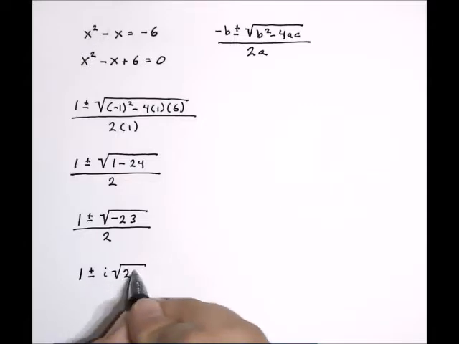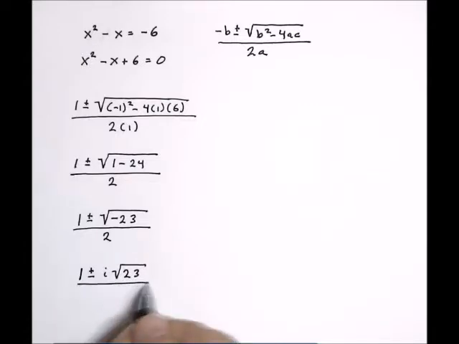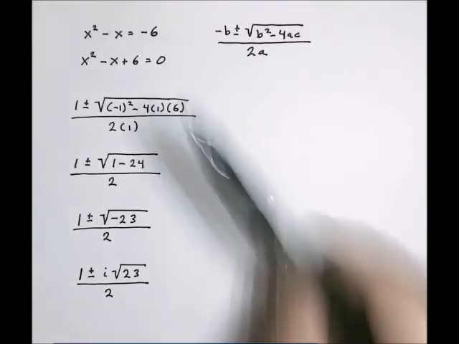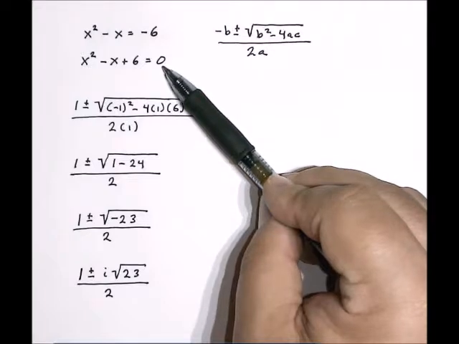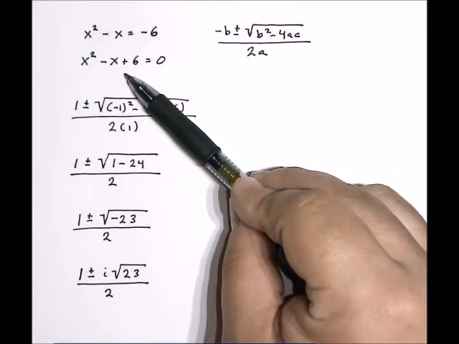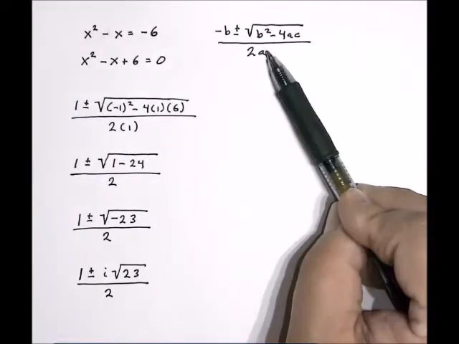And the only simplification we can do on this particular one is pulling that negative out from under the radical as an I. So the basic procedure, make sure it's set equal to 0, try and factor. If it doesn't factor, plug it into the quadratic formula.